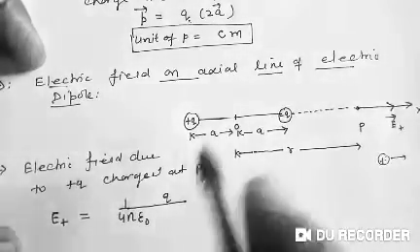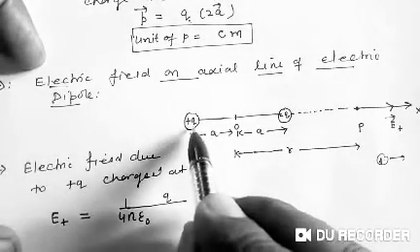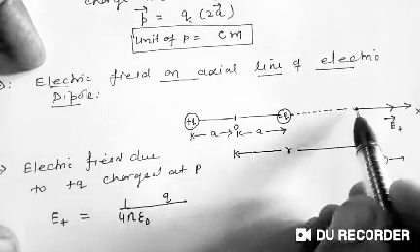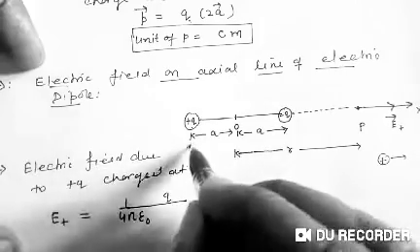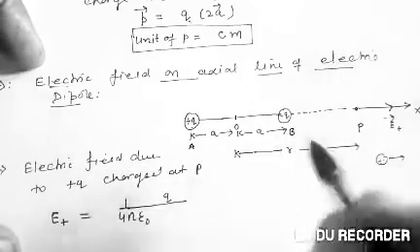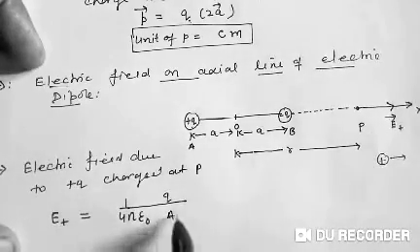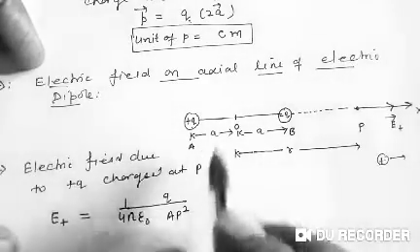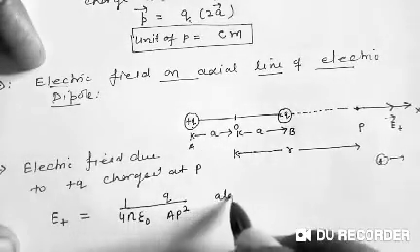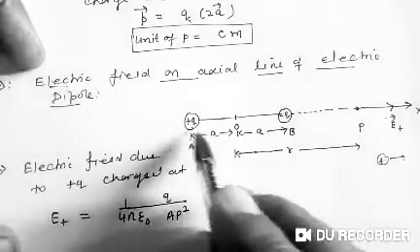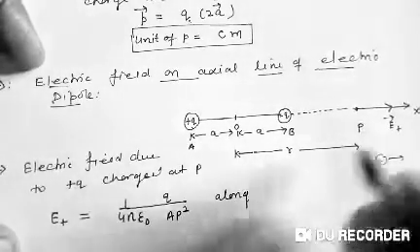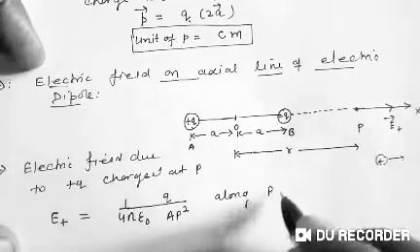We take the distance as the distance between the source and the observation point, right? So if this point is A, let this point be B, so the distance will be AP square, and its direction is along A to X, or you can say along PX.